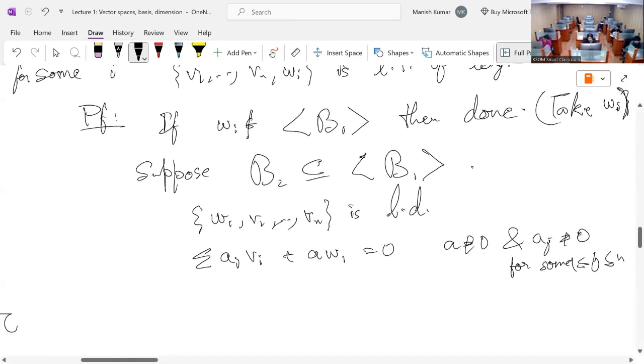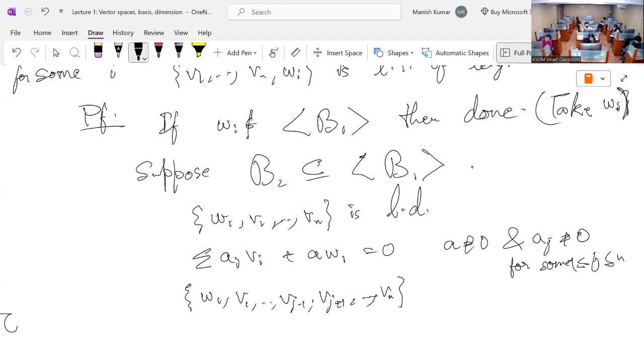So what we get is W1, V1 up to Vj minus 1, Vj plus 1 to Vn.